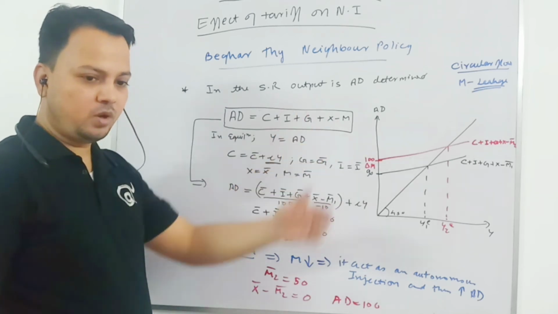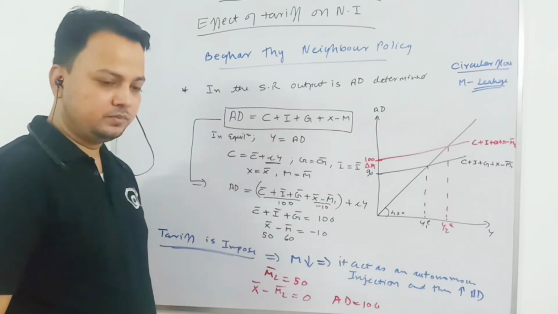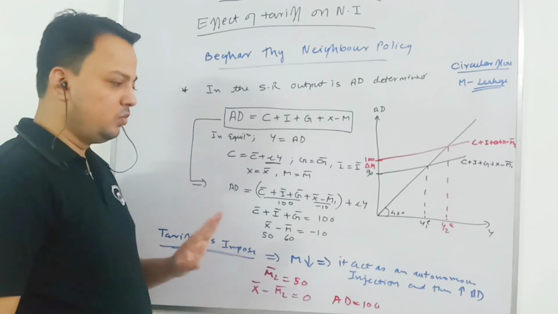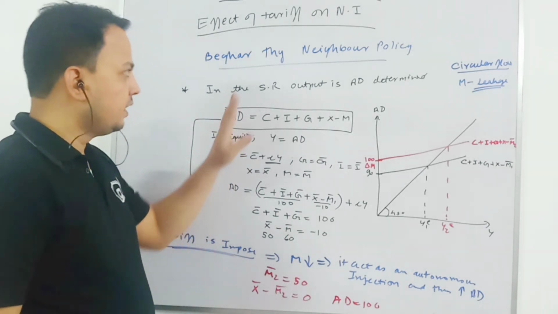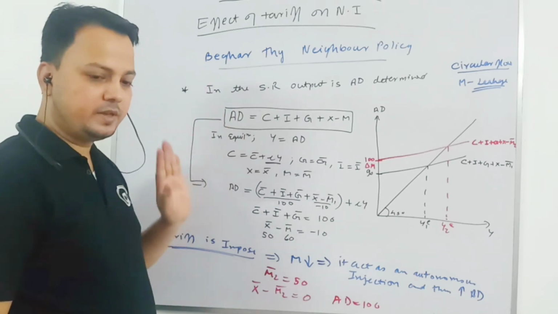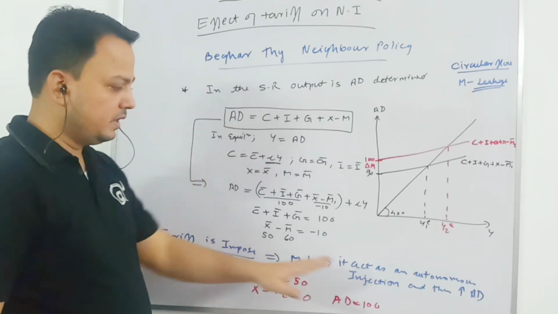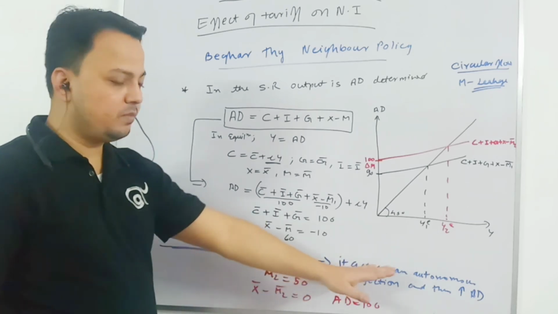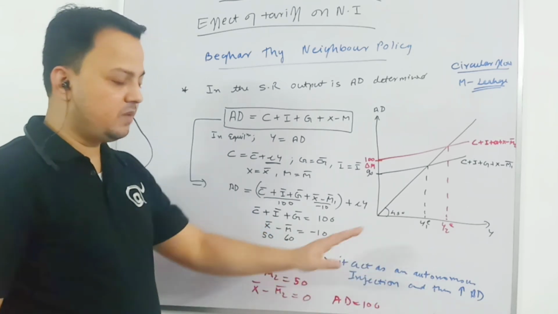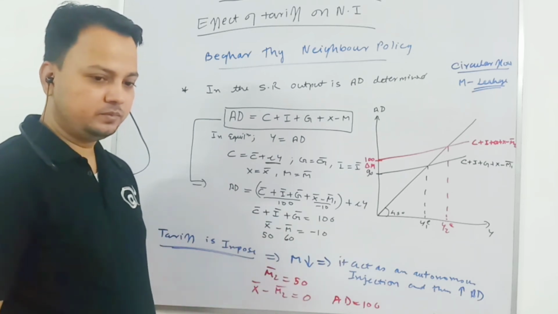It will hurt their employment and their growth. Here, what we are saying is that everything remains the same and only one country imposes tariff. It is able to increase its economic activity, increase its aggregate demand and thereby reduce unemployment.